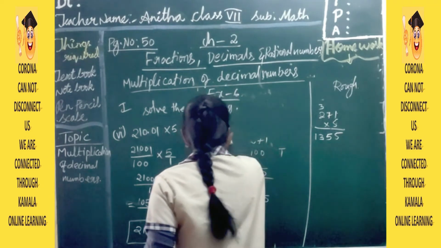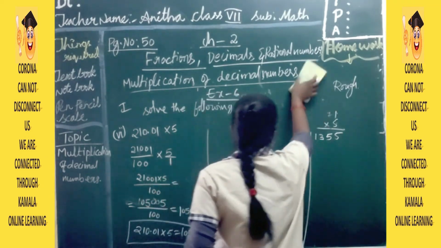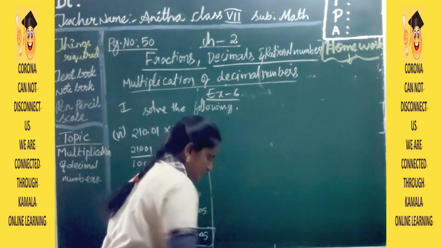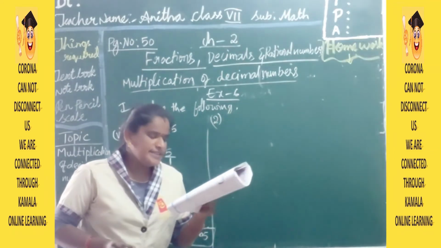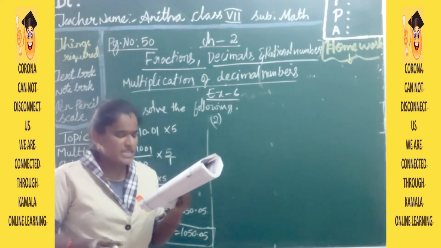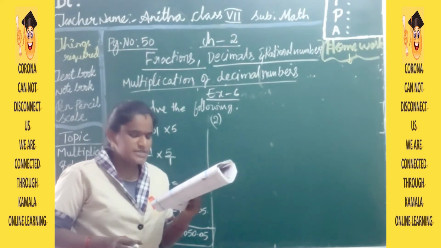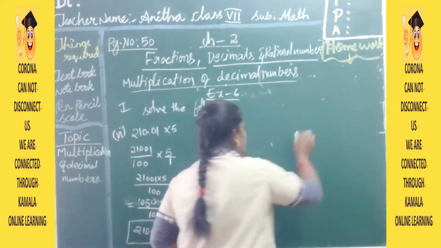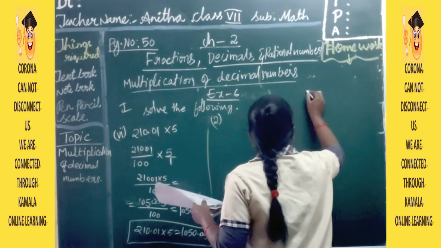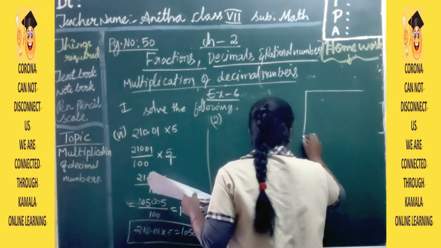Now coming to the second bit. The second question, you have to observe in your textbook, everyone. What are they asking in this question? Find the area of the rectangle whose length is 6.2 centimeters and breadth is 4 centimeters. They have given the rectangle's length and breadth.